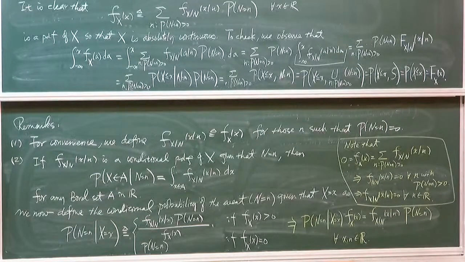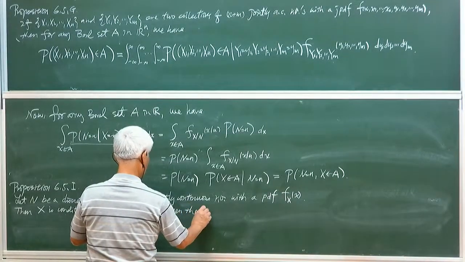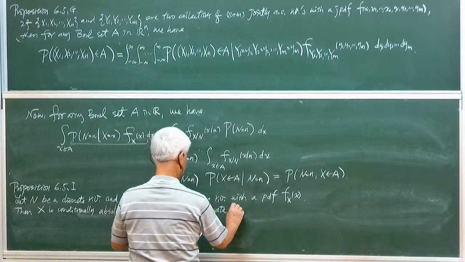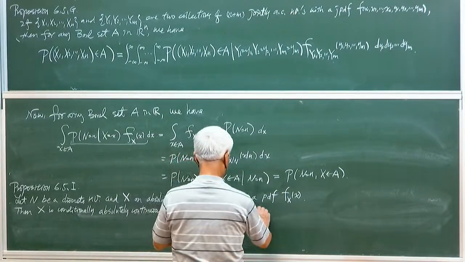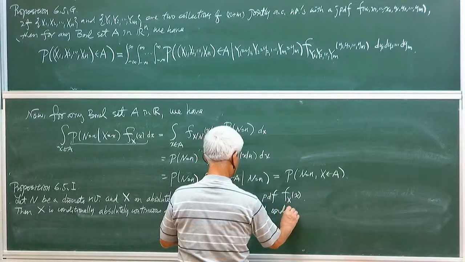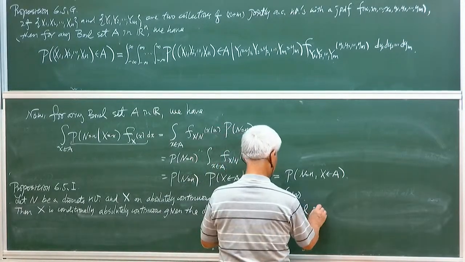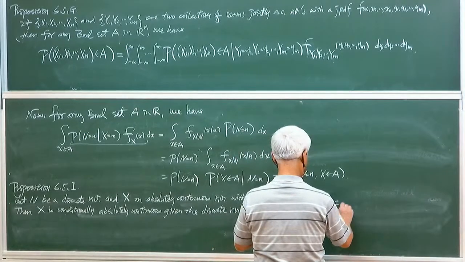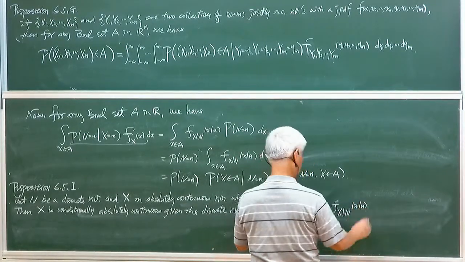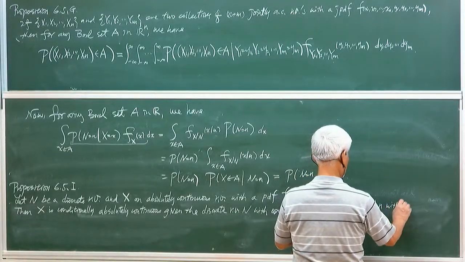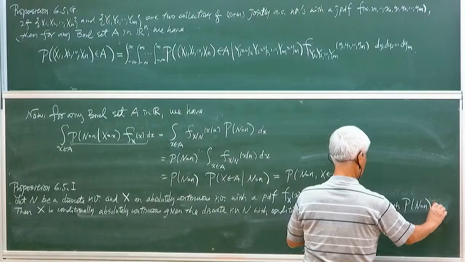Then X is conditionally absolutely continuous given the discrete random variable N with conditional PDFs f of X given N for all n with probability greater than or equal to 0.